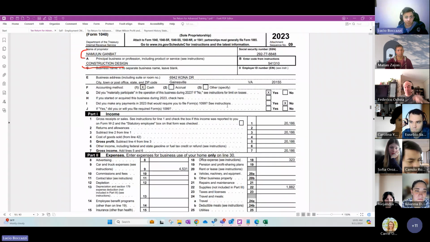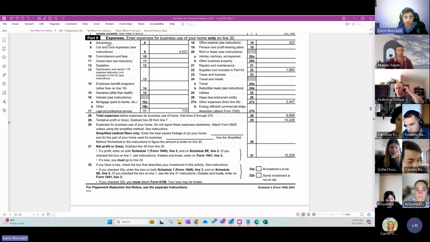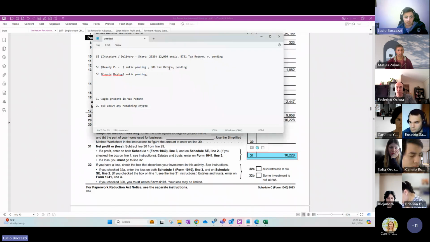What we can know by looking at it is that at least here in the tax return, in line H, it says that Namun actually didn't start in 2023. And then we have the amount here for how much Namun actually made in 2023 in the tax return.